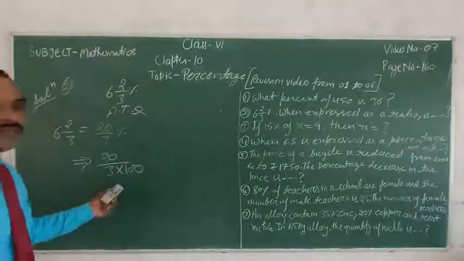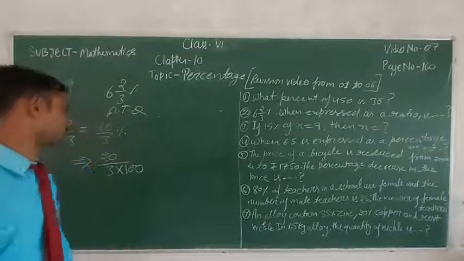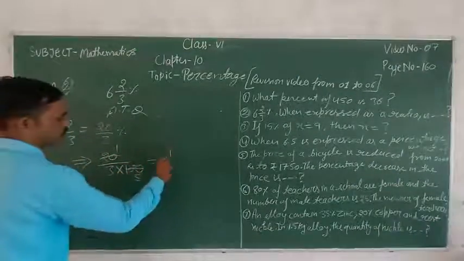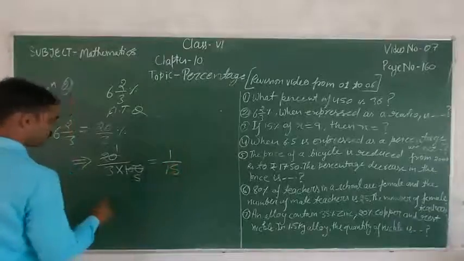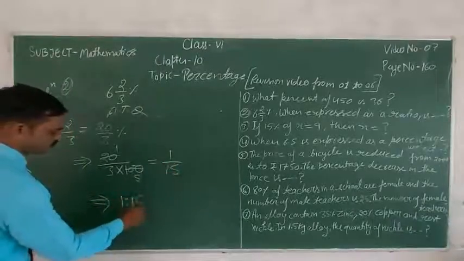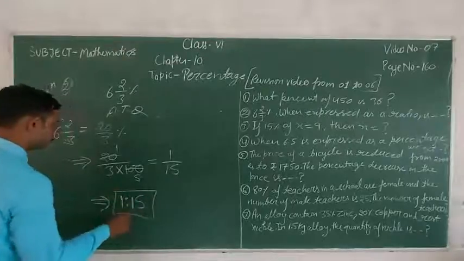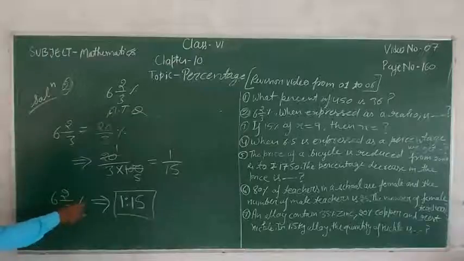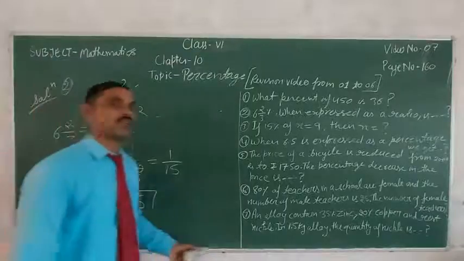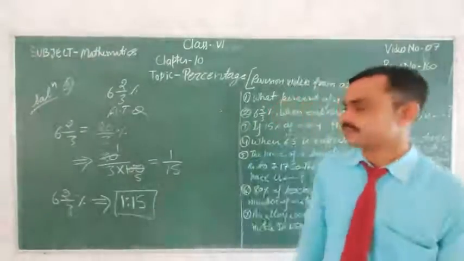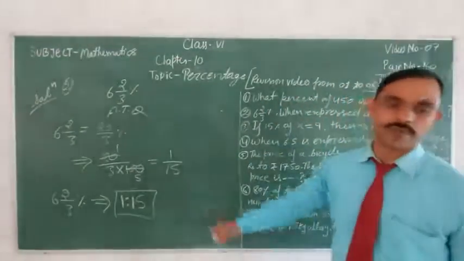First of all, we will reduce it into fraction. So 21 are 25 are. Fraction is 1 over 15 and simply this fraction can be written as 1 ratio 15. So finally we can write that 6 into 2 by 3% when expressed as a ratio will be equal to 1 ratio 15 and which will be our final answer.